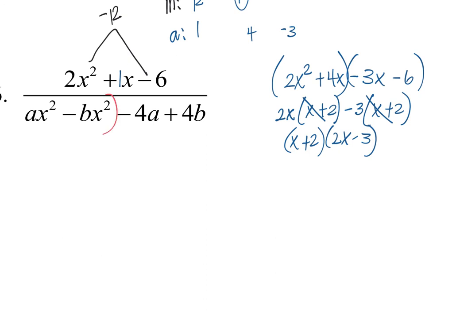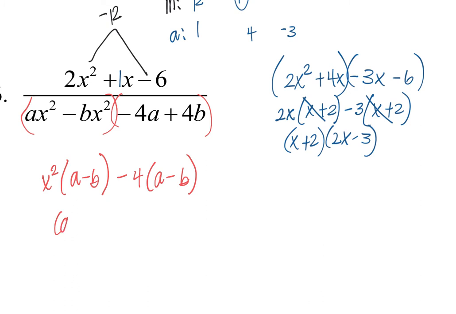I'm going to group the front and the back. I can take out an x squared and be left with a minus b. And in the back, I can take out a negative because your leading coefficient's negative, and take out a 4. And you would be left with a minus b.